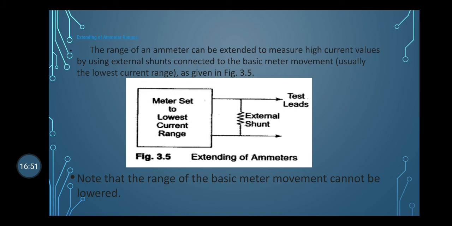The range of the ammeter can be extended to measure higher values of current by using external shunts connected to the basic meter movement.